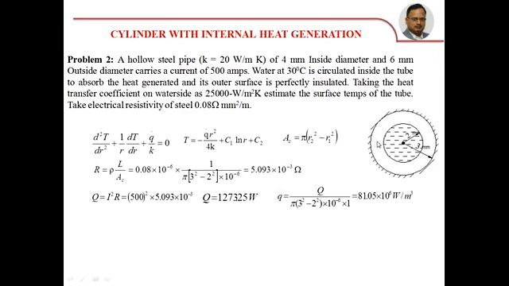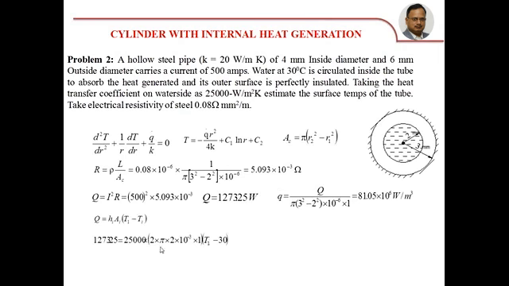And that heat generated will enter into the water or liquid at 30 degrees centigrade by means of convection. Now we know the total Q is so many watts, which is equal to the heat entering the water by means of the inner surface: hi, Ai, (T1 minus Ti), where T1 is the temperature at the inner face and Ti is the fluid temperature, 30 degrees.